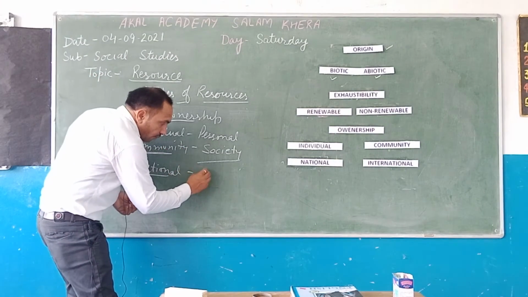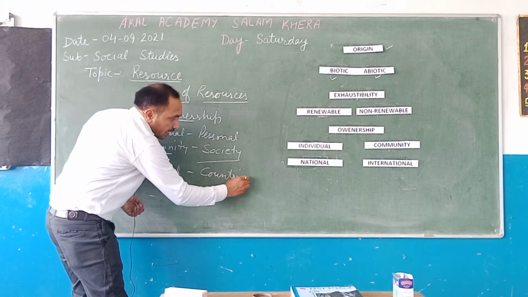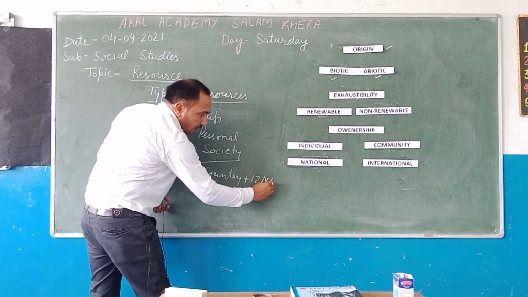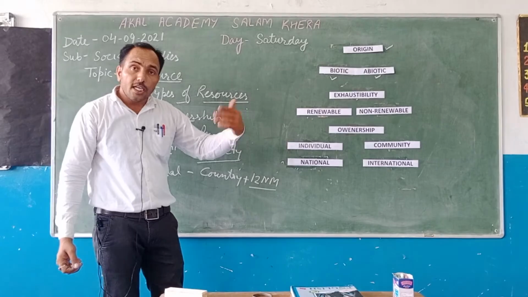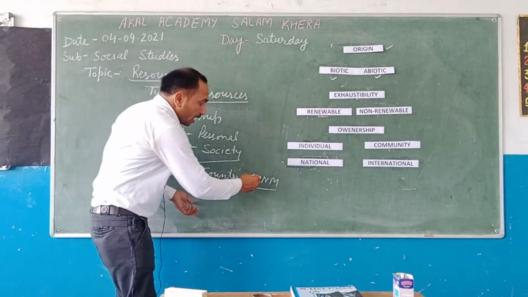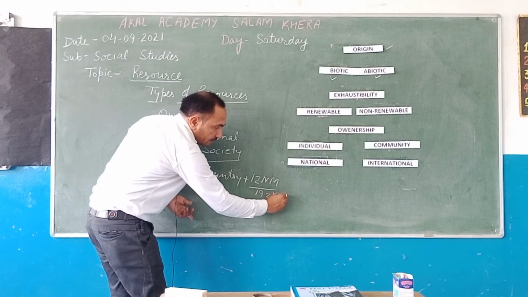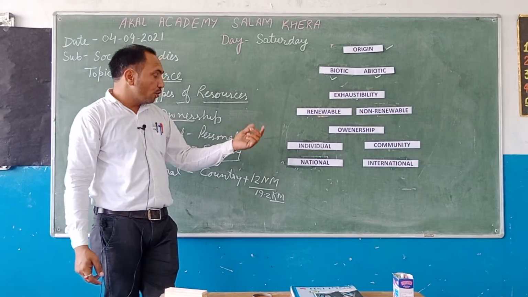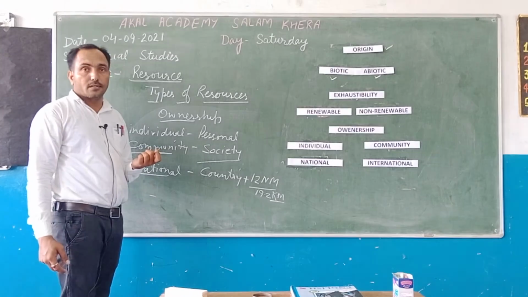We can say a country's resources extend to the country's boundary plus a 12 nautical mile area, which is the area in the sea. 12 nautical miles is equal to 19.2 kilometers. If resources are found in this area of the sea, those are also the country's resources, also counted under national resources.